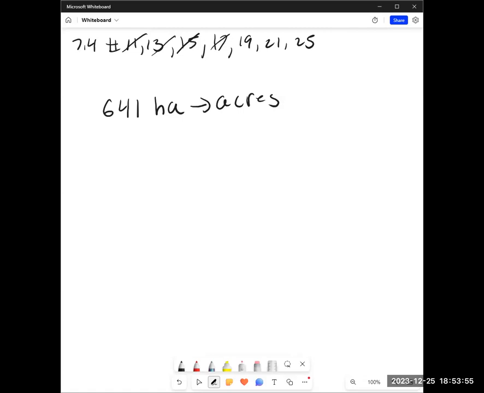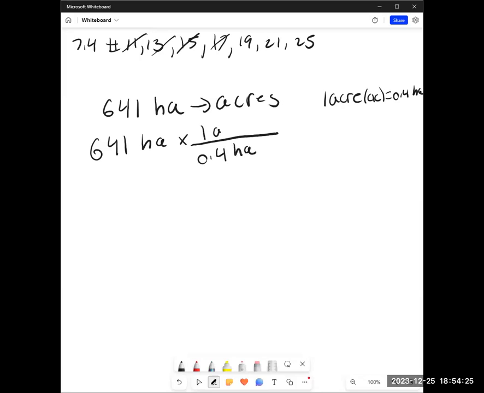1 acre, AC, is equal to 0.4 hectares. So 641 hectares times, and then 0.4 hectares are on the bottom, and 1 acre is on the top.